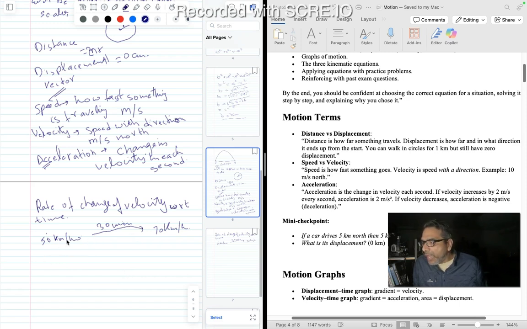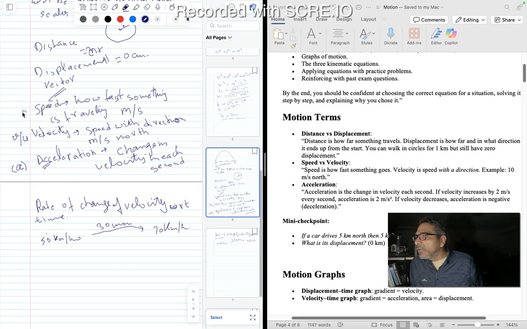So now how are we denoting these quantities? a for acceleration, right? We are using v or u for velocity.